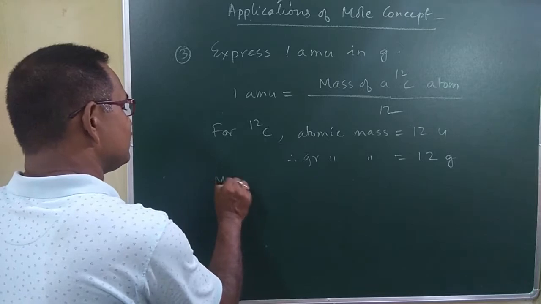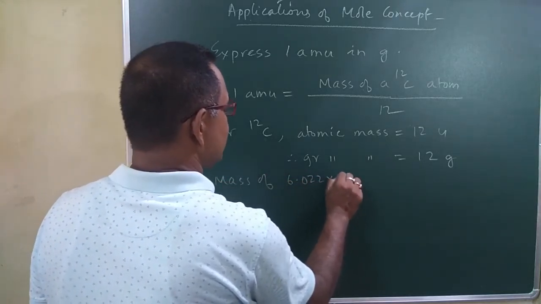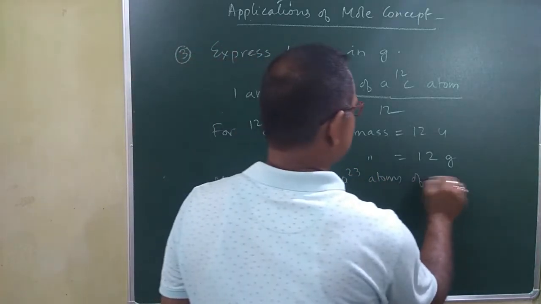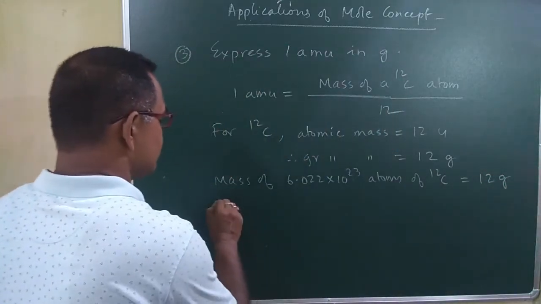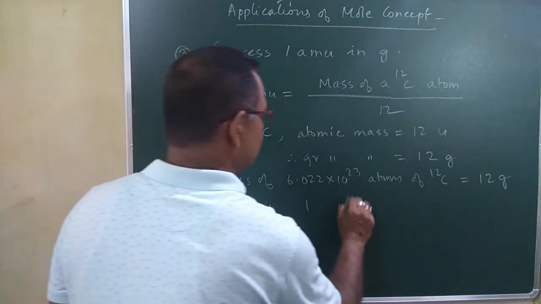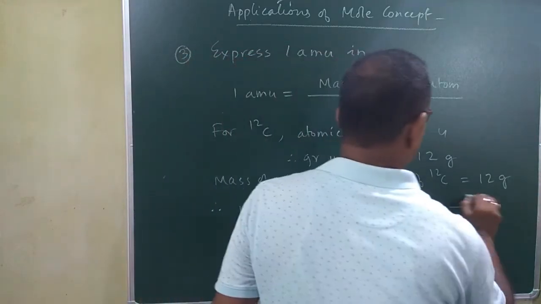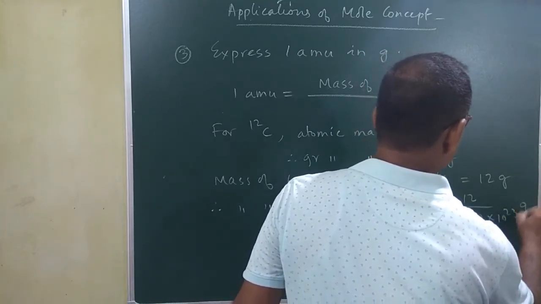So the mass of 6.022 times 10 to the power 23 atoms of C12 is 12 gram. So the mass of one atom of C12 will be 12 divided by 6.022 times 10 to the power 23 gram.